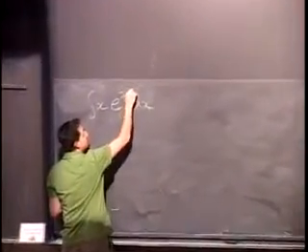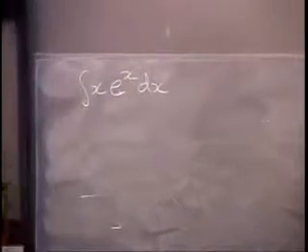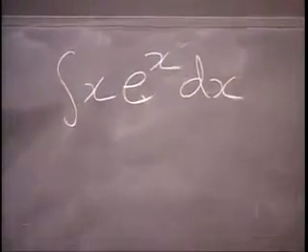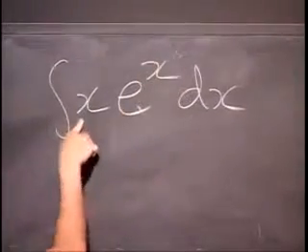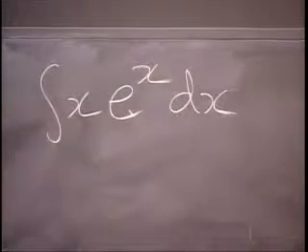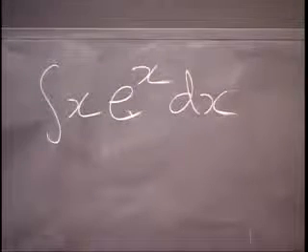Is there something that you can see the derivative of floating around? Compare this: if there was a square here, then yes, substitution would be right, because the derivative of x squared would be 2x, and that's almost what we have. But without the square, no substitution seems to appeal.